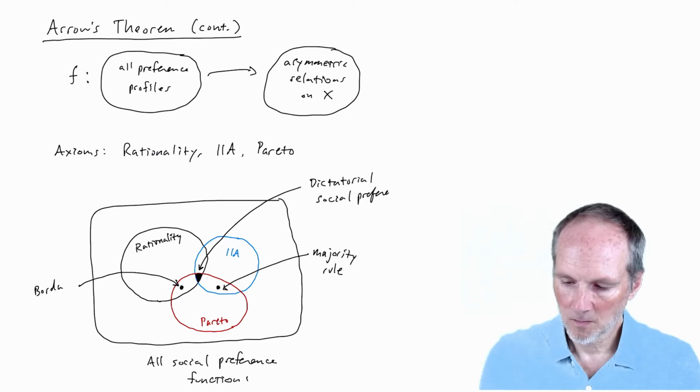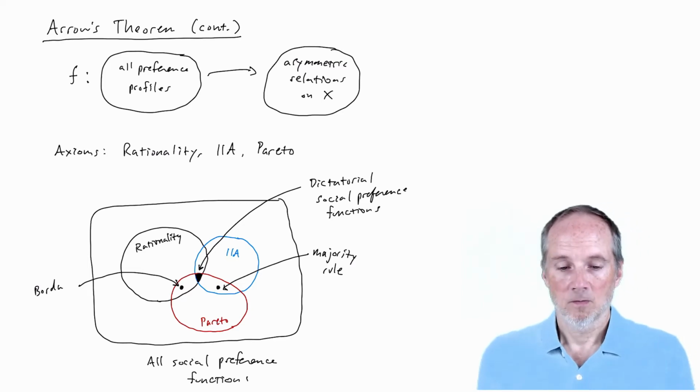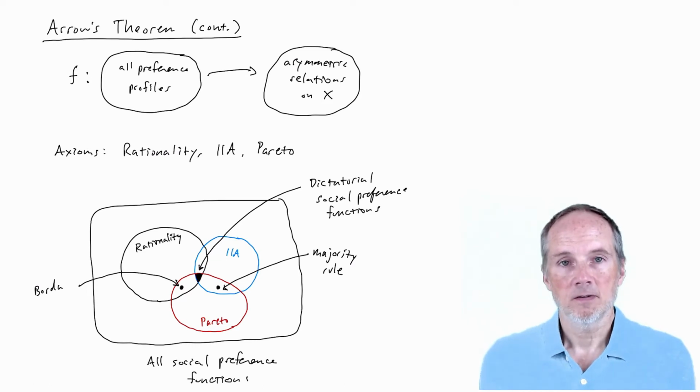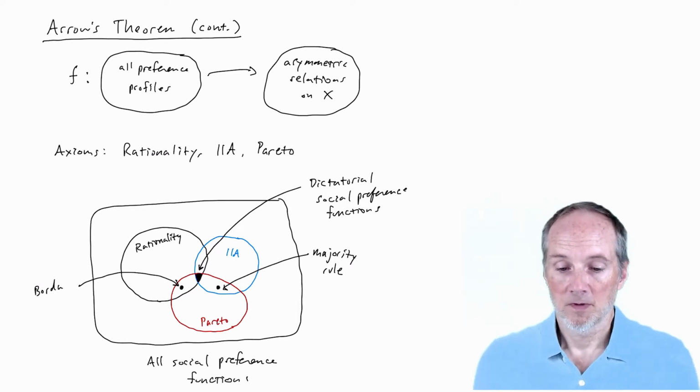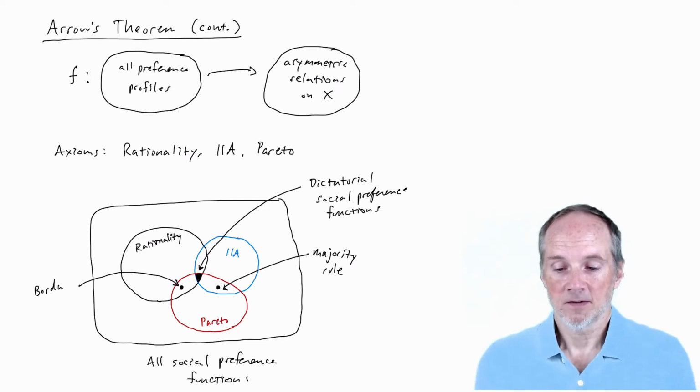So what I mean by that is that there's one individual, and whenever they prefer one alternative to another, then so does the social preference. Okay, so that individual imposes their strict preferences on the rest of society.